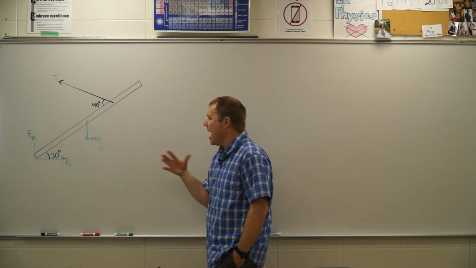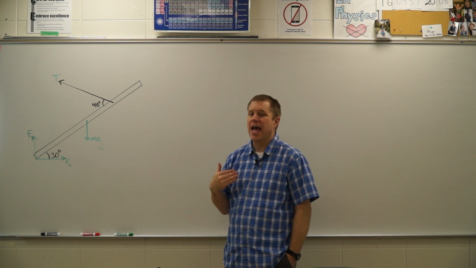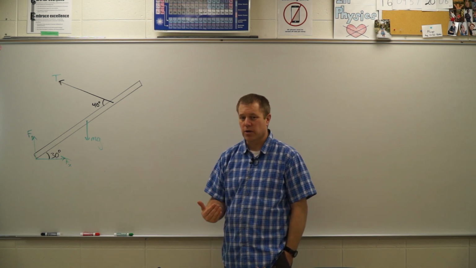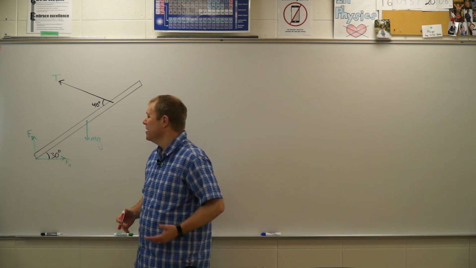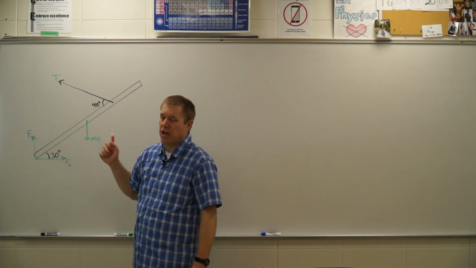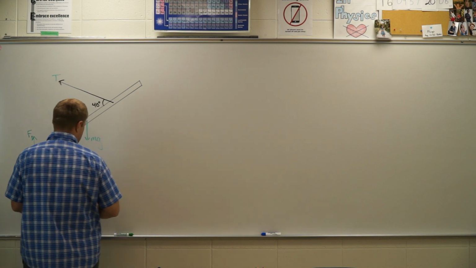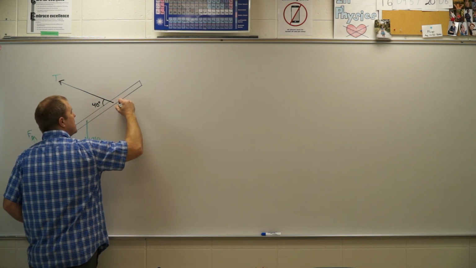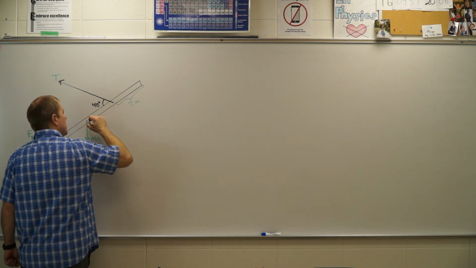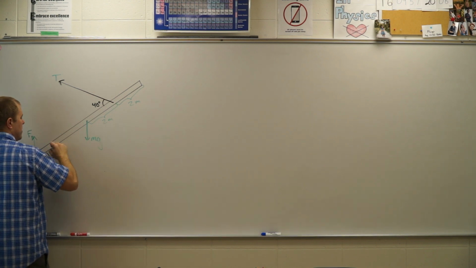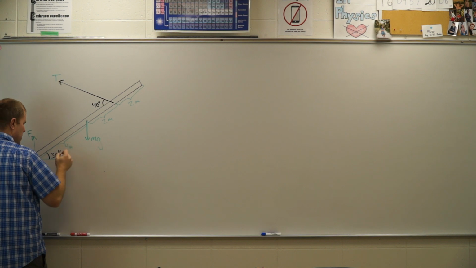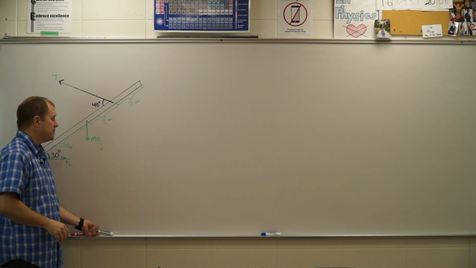Okay, so we have our forces, so now we're going to go ahead and generate a torque equation. Whenever we generate a torque equation, the first step is we need to identify all of the forces. Check. I also need to know their distances. So this distance here was 2 meters. This distance here is also 2 meters. And then this distance down here is 4 meters. So that is my total of 8.